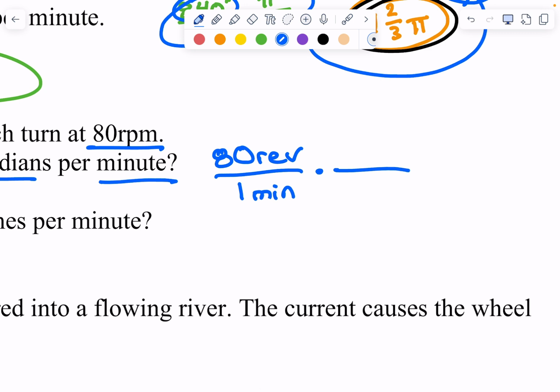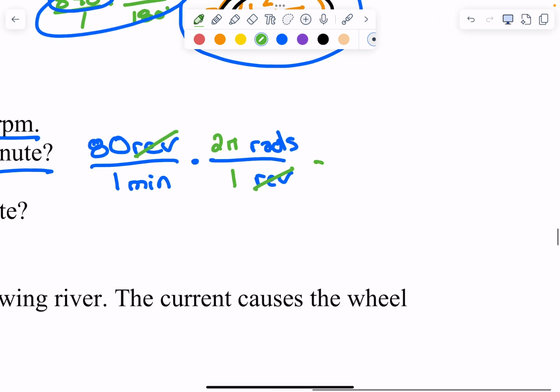Instead of revs per minute, I want radians per minute. So I'm going to change from revolutions to radians, and 1 rev is 2 pi radians. So I'm going to cancel my revs off, and if you want to leave it in terms of pi, that's fine. 160 pi radians per minute.